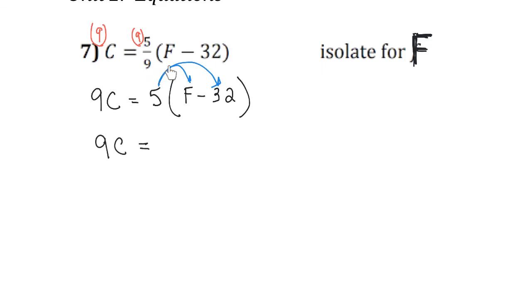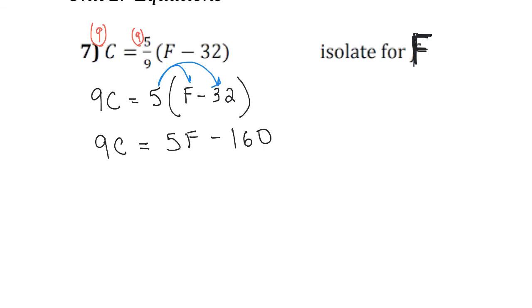So 5 multiplied by F would be 5F. And then we have 5 multiplied by negative 32. So 5 times negative 32 is negative 160. So now we've got an equation that looks a lot simpler. No more fractions, no more brackets.